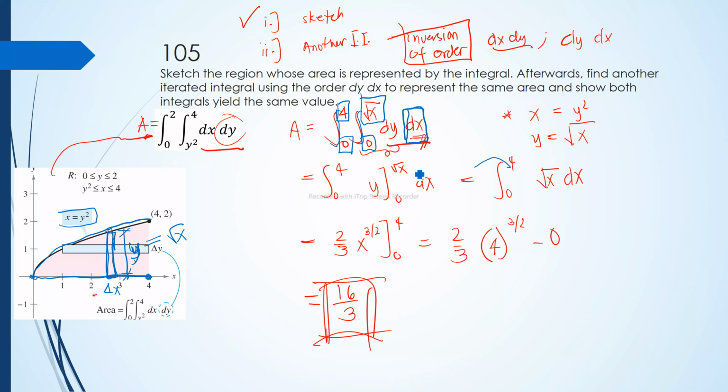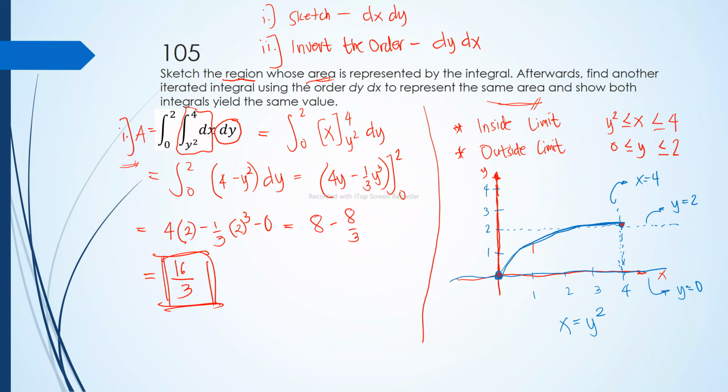Afterwards, we integrate the inner first with respect to y, and then we apply the lower and upper limits, since we got only the square root of x. Then we integrate the remaining, apply the lower and upper limits, and finally we still get the same answer. See?